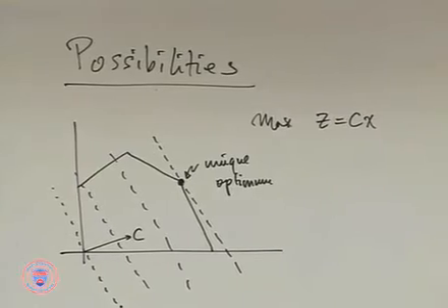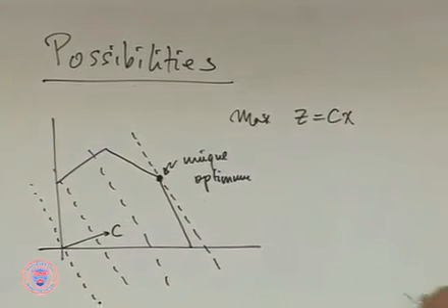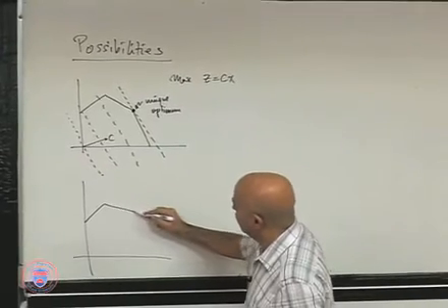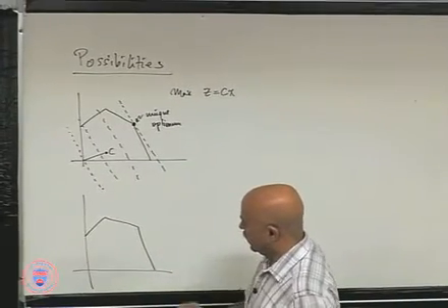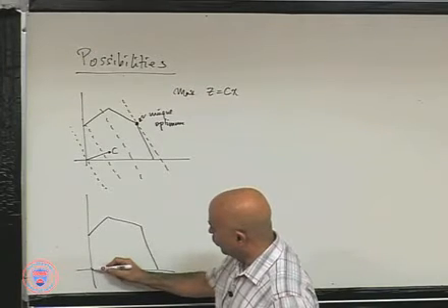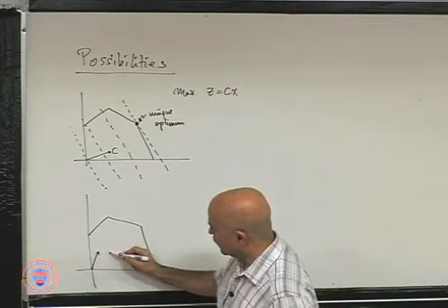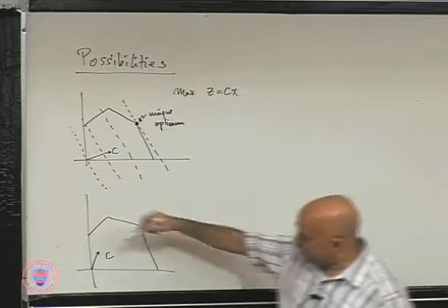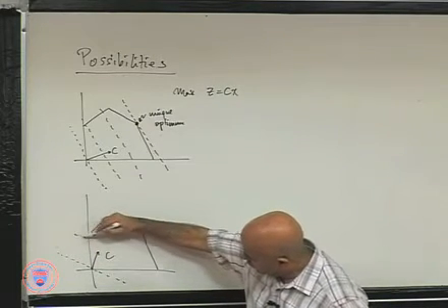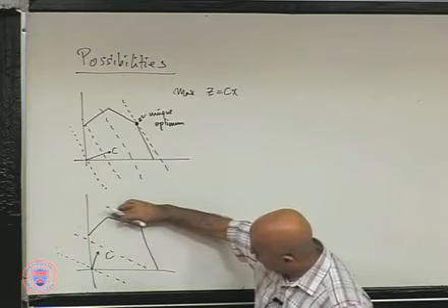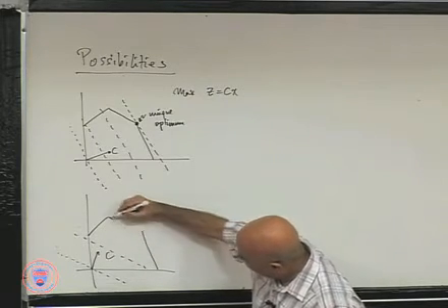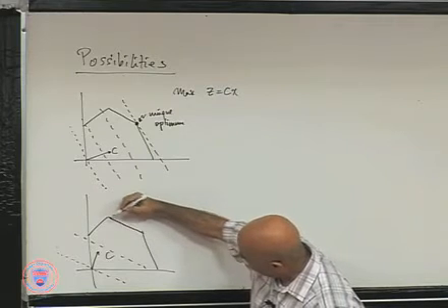According to this picture. Now, of course, we have other possibilities for the same feasible region. My cost vector may point like this, in which case my contours will go, let me just change the picture a little bit so I get what I want.